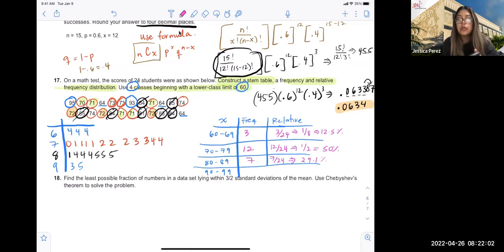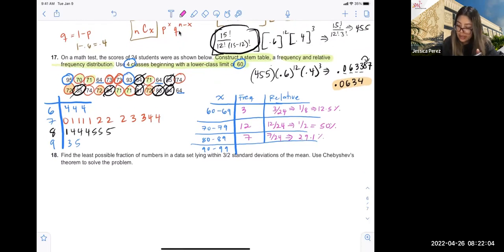Then 90 to 99, you have 2 of them, 93 and 95. That's 2 out of 24 or 1/12, which is equivalent to 8.3%, roughly.